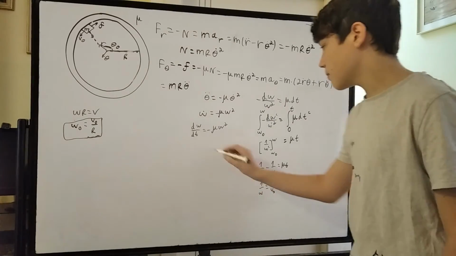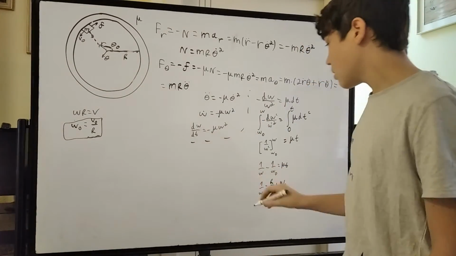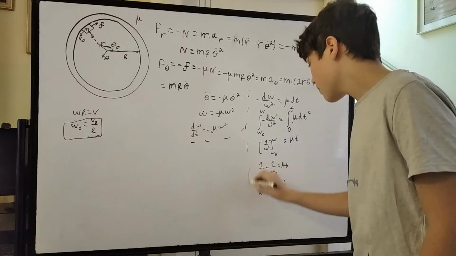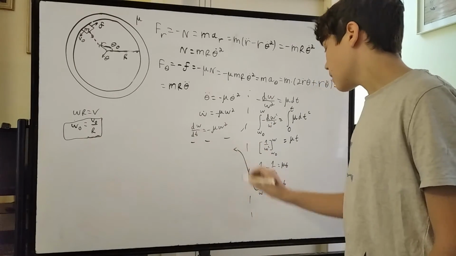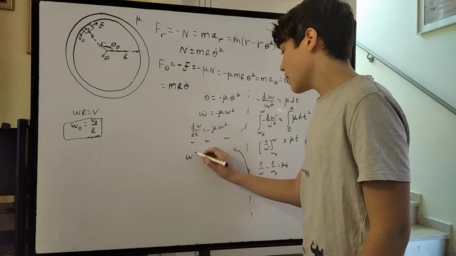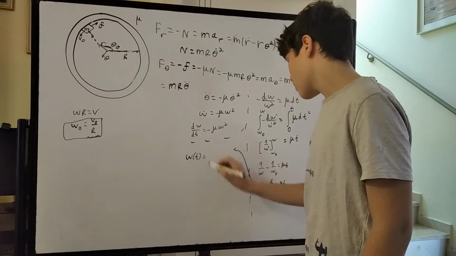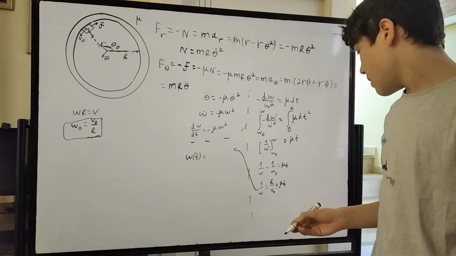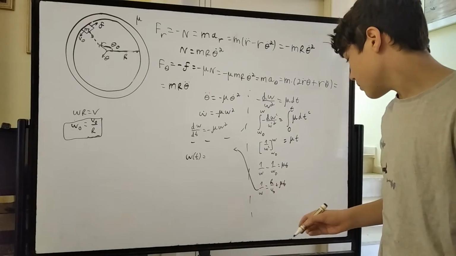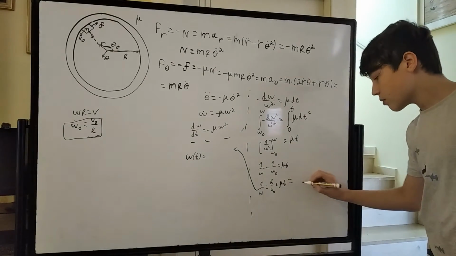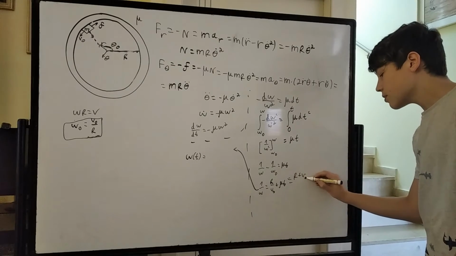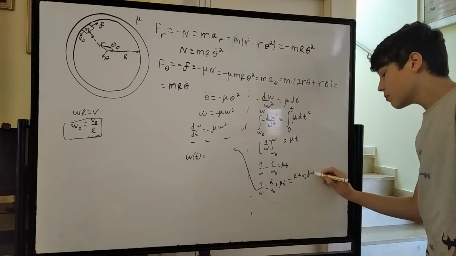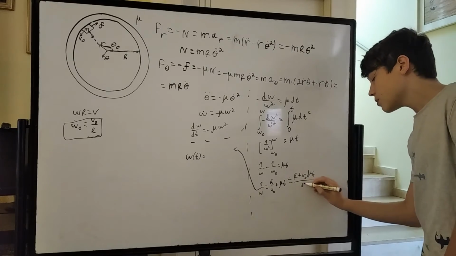And I'll move this up here. And we'll get that omega, the angular velocity with respect to time, is, let's quickly write it like so, r plus v0 mu t over v0.